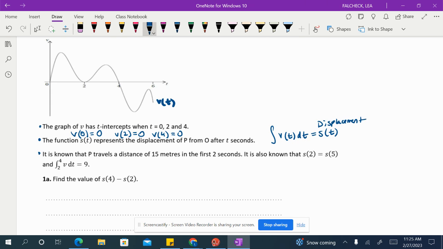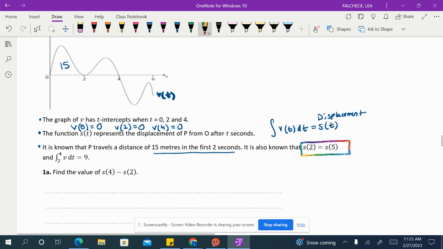It is known that P travels a distance of 15 meters in the first 2 seconds. So total distance traveled is going to be area under the curve. So between 0 and 2, we've got an area of 15. It's also known that s of 2 is equal to s of 5. So the displacement from the origin when t is equal to 2 is the same as when t is equal to 5.